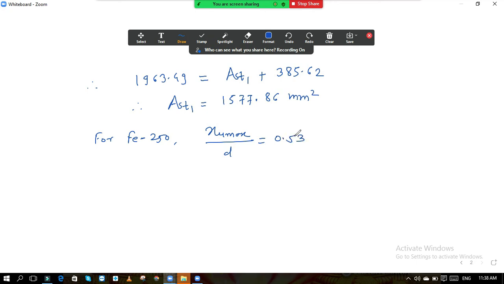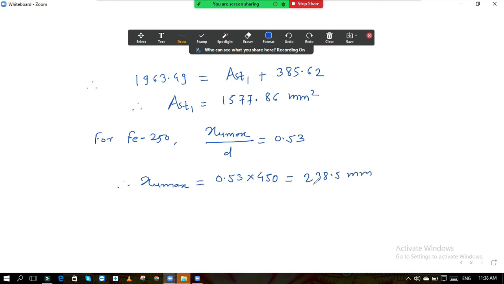This is also given in the IS code. Therefore, Xu max is equal to 0.53 into 450, that is your effective depth of 450. If you solve it, you get 238.5. This is your Xu max.